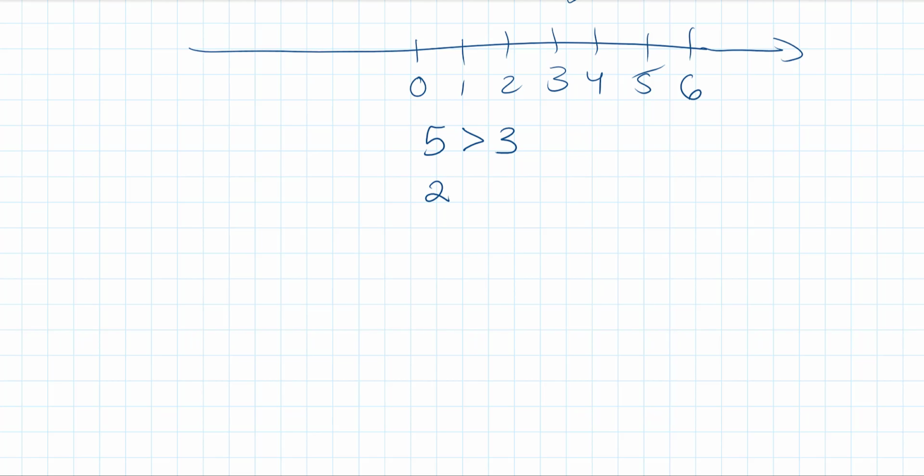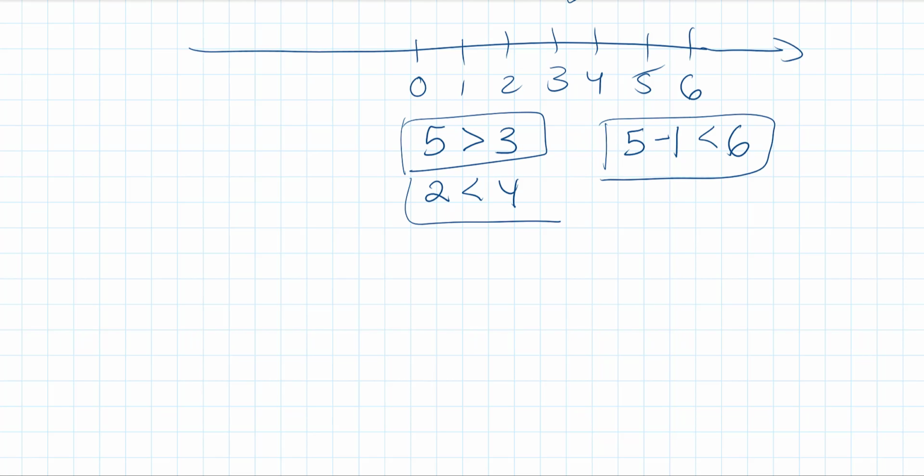We know that 2 is less than 4. We even know that 5 minus 1, which is 4, is less than 6, right? So we know all these inequalities hold true from just counting things, right? We know what is less and what is more or larger when we look at numbers.